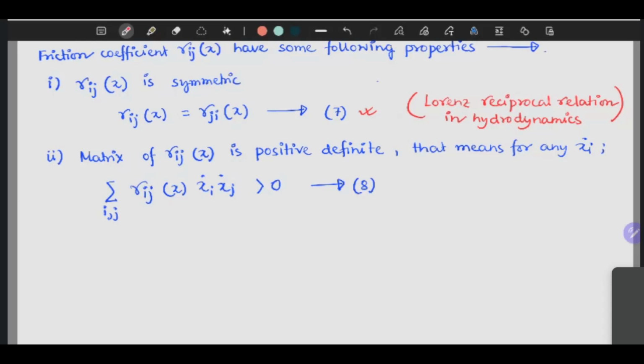Now this reciprocal relation indicates then that the cause and the effect, their ratio, that means fy by vx and fx divided by vy, they are equal, which is not very trivial, right?